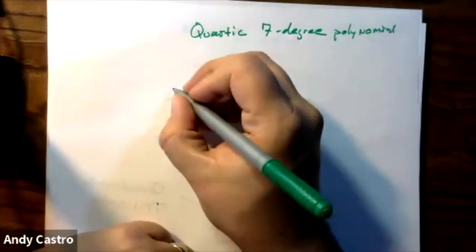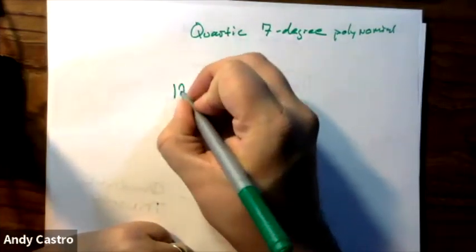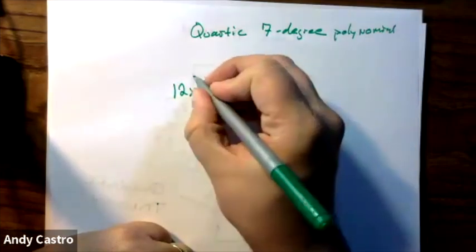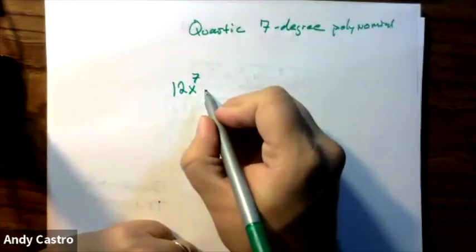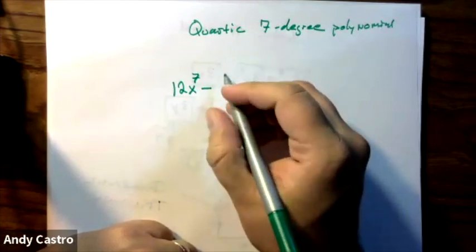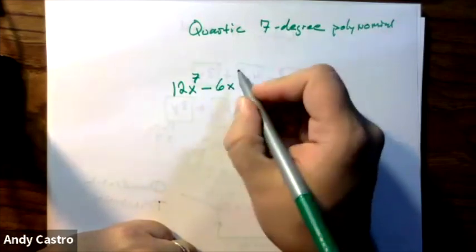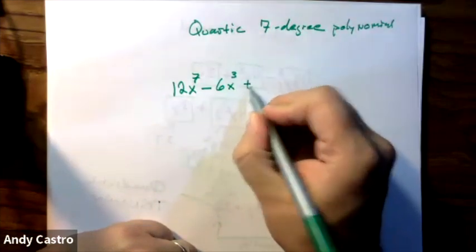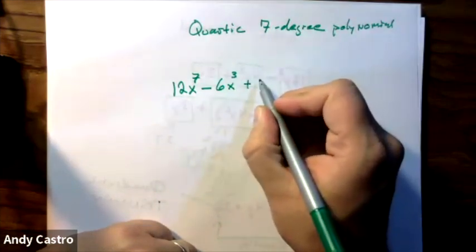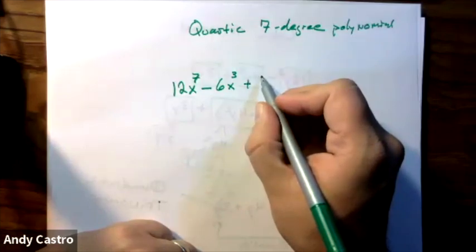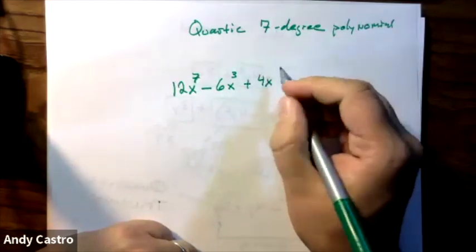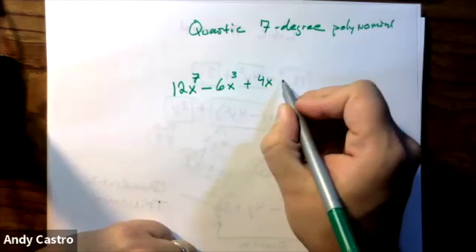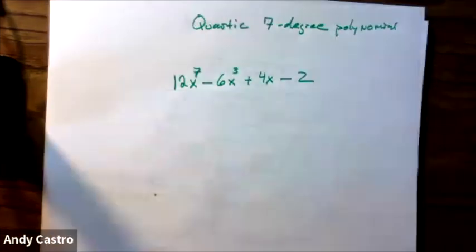So I'm going to start with 12x to the 7th minus 6x to the 3rd plus 4x minus 2. All right.